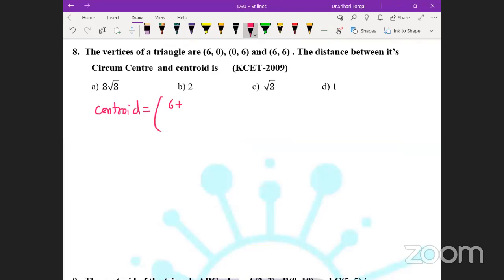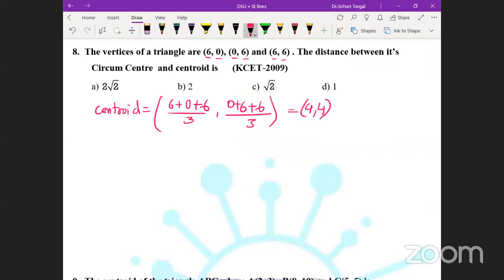All sum of x coordinates: 6 plus 0 plus 6 divided by 3. And y coordinates: 0 plus 6 plus 6 divided by 3. Answer is 12 by 3, that is 4. 4 comma 4 is the centroid.